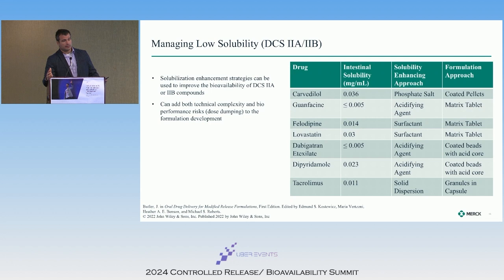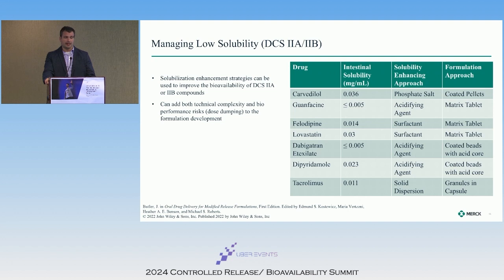And so I've talked about this, and I've also mentioned that you generally need a DCS 1 or 2A to do this. But what if you're stuck there? If you have a 2A or 2B, your play here is basically solubilization enhancement. So you'd have to develop your solubility enhancement technology and put this into your dosage form as well.